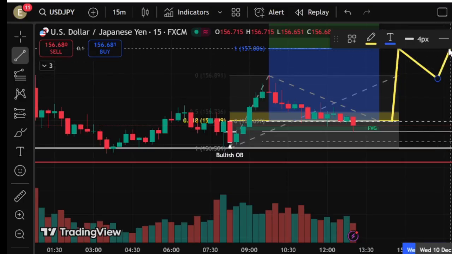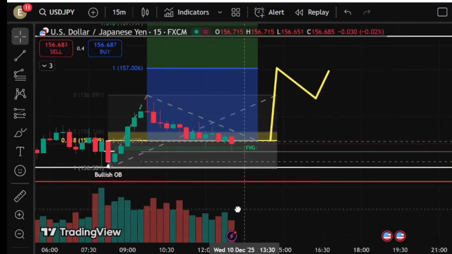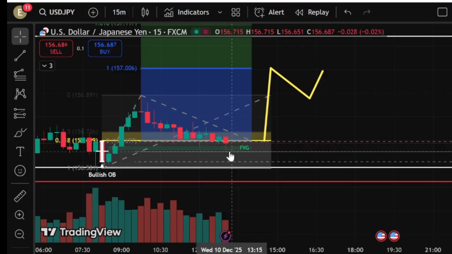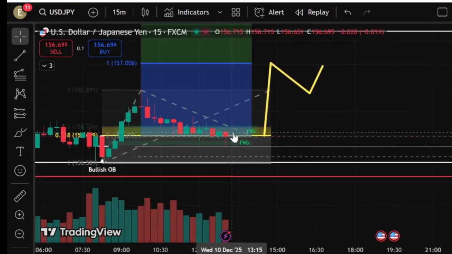Remember the fundamental pattern we talked about earlier: the market is always moving in a wave, it's not moving on a straight line. So you see that when the market put its neck inside this fair value gap, it then went up. If you were able to enter the market at this point, you would be in profit by now.